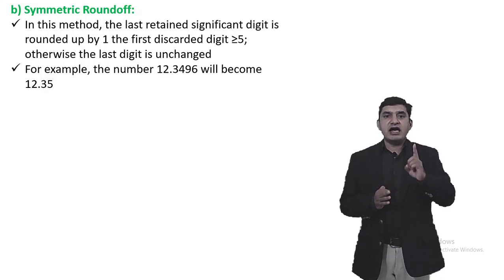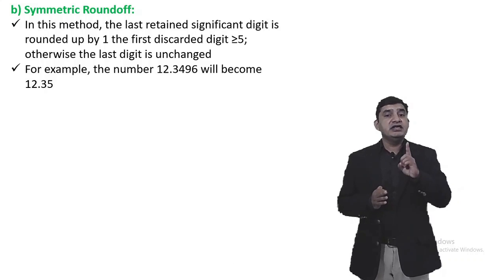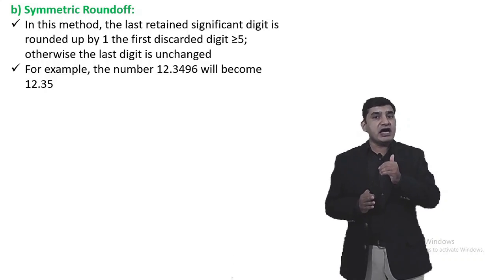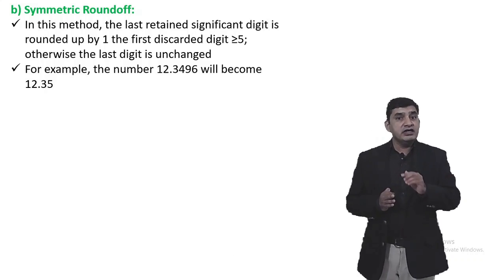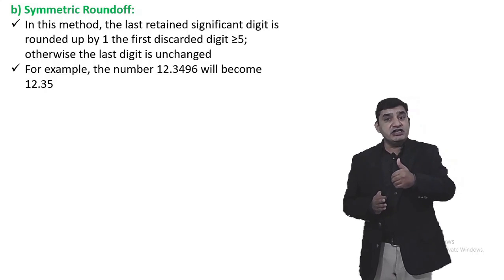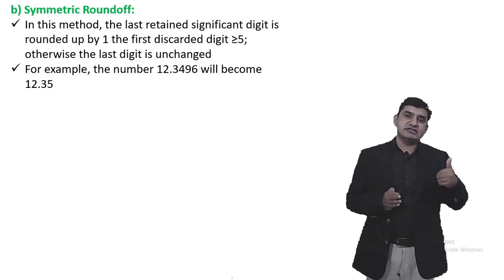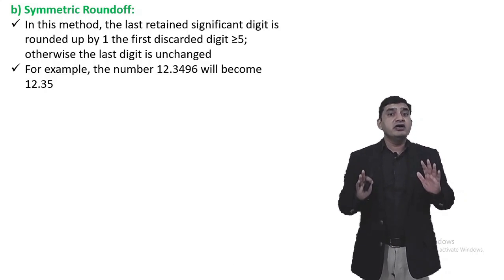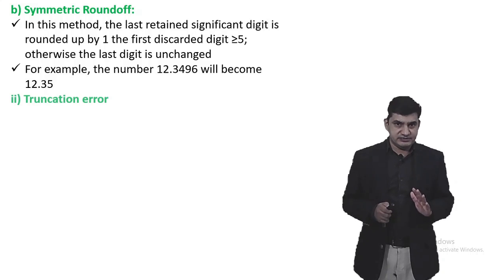When the last significant digit is greater than or equal to 5, then add 1 to the second significant digit, that is the digit before the last significant digit. If it is less than 5, keep it as it is.